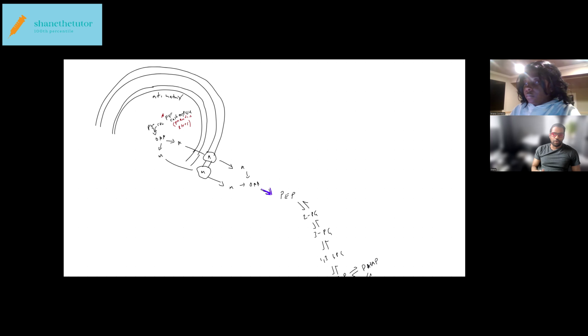If we want to go in the opposite direction, from pyruvate into oxaloacetate, we would need a carboxylase enzyme, and that is present only in the mitochondrial matrix of the liver. So that's why this step would happen in the liver and not in the muscle cells. That's what I mean when I say location is important.